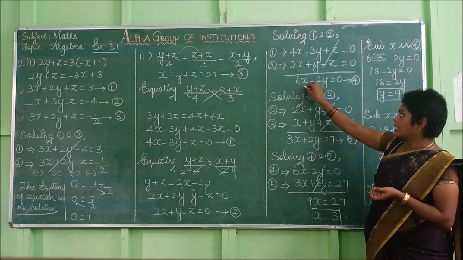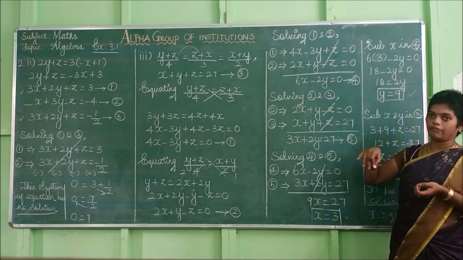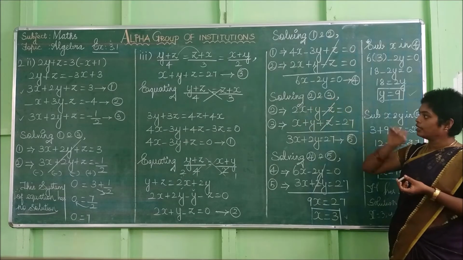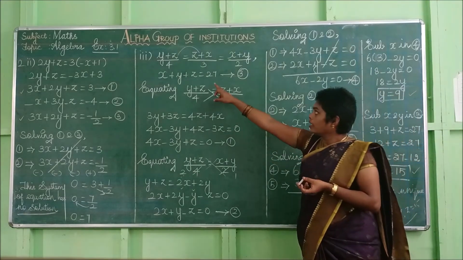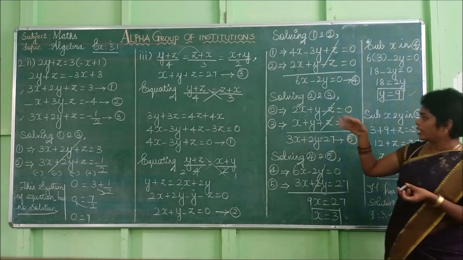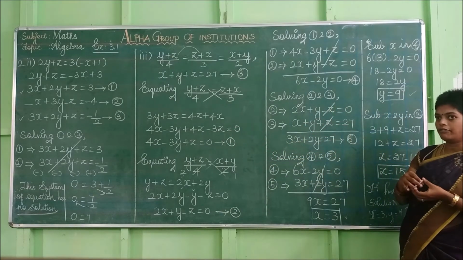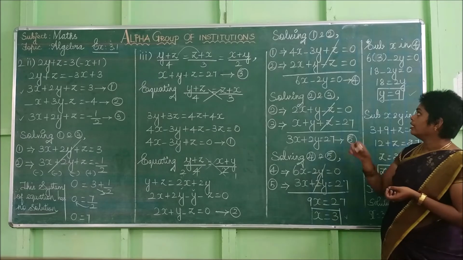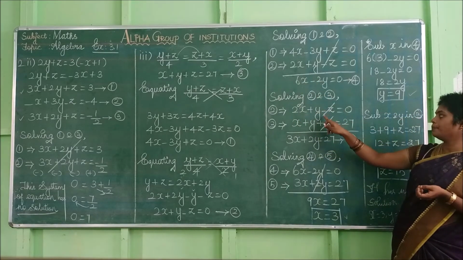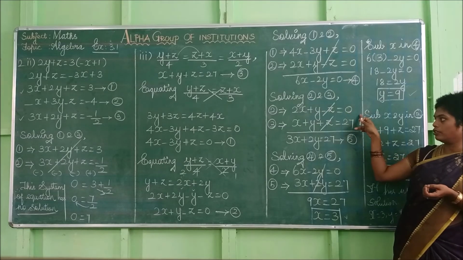Now likewise, x and y terms you have to get from another two equations. So I am taking second and third, z must be cancelled. Here also z and here also z. So you can simply cancel the z and find out the values. Then listen, second equation 2x plus y minus z which is equal to 0.